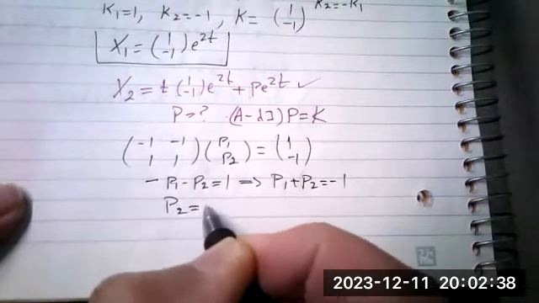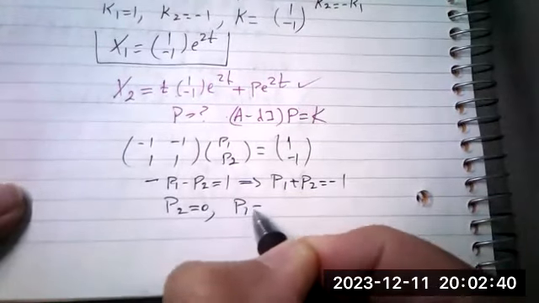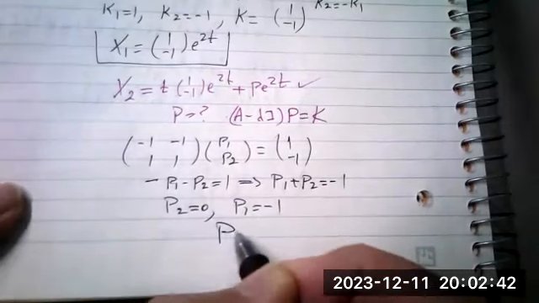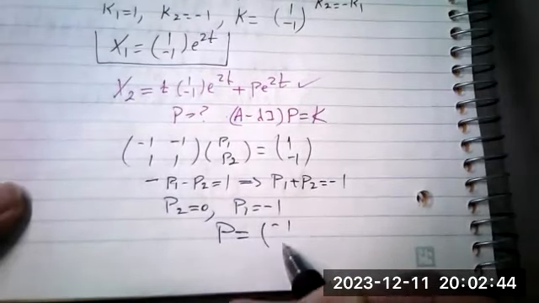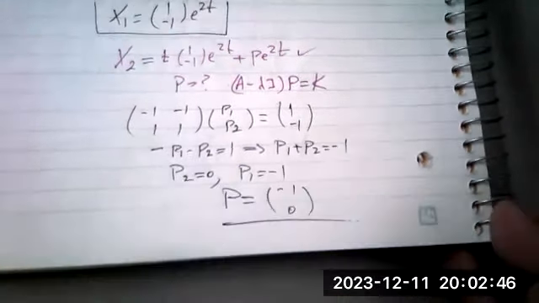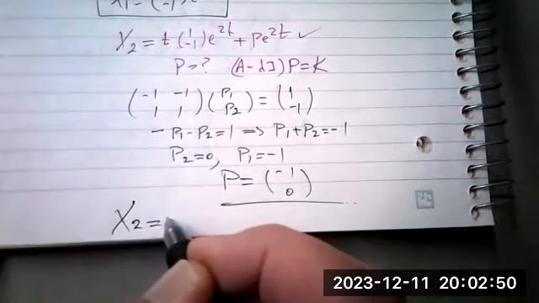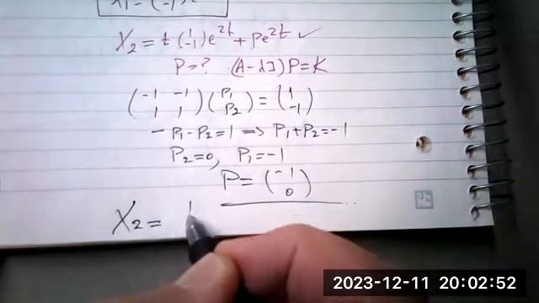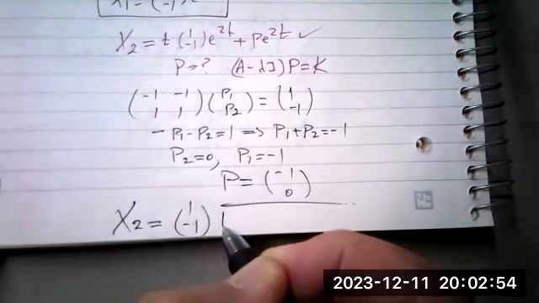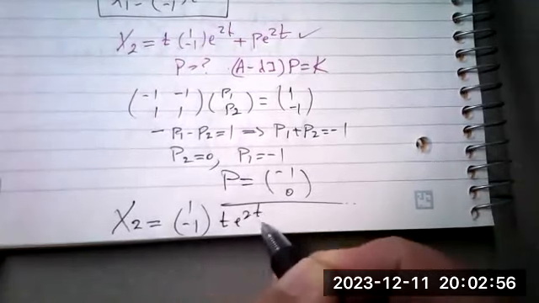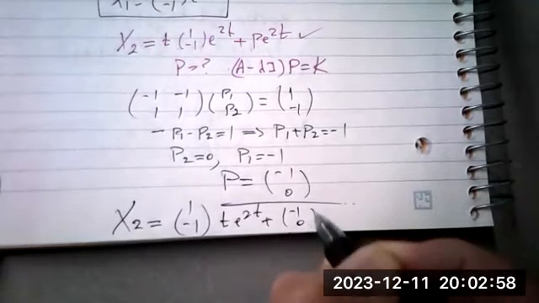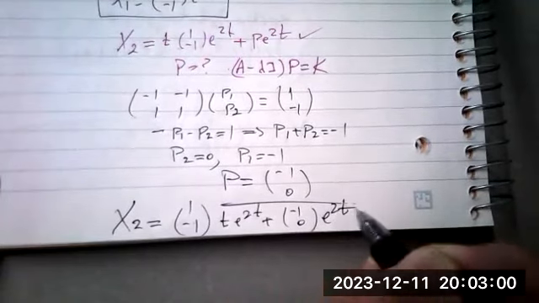Make P2 equal to 0, so P1 equals -1. So P is -1, 0. So you have your second solution: X2 is equal to 1, -1, t e to the 2t plus -1, 0, e to the 2t.